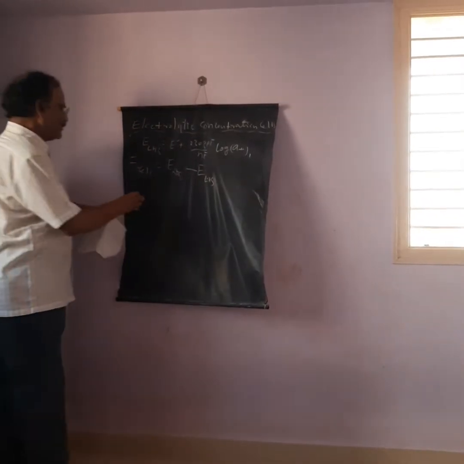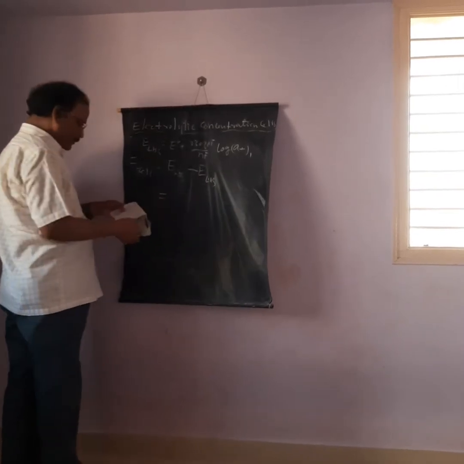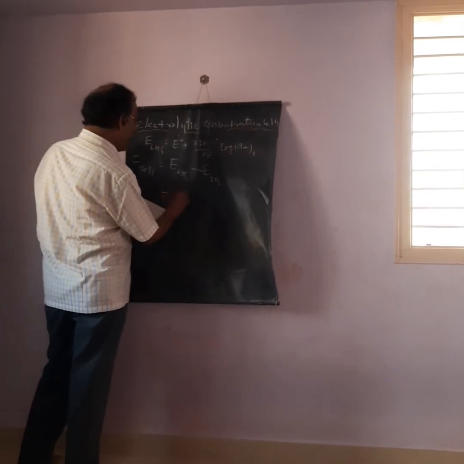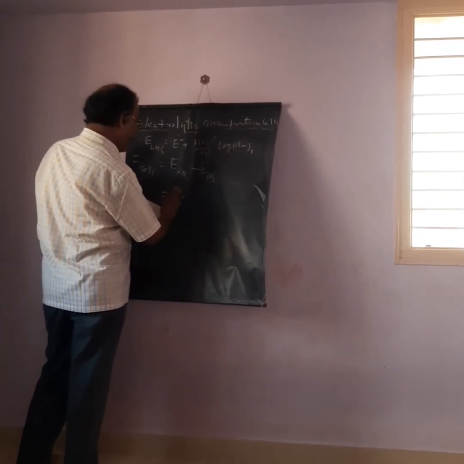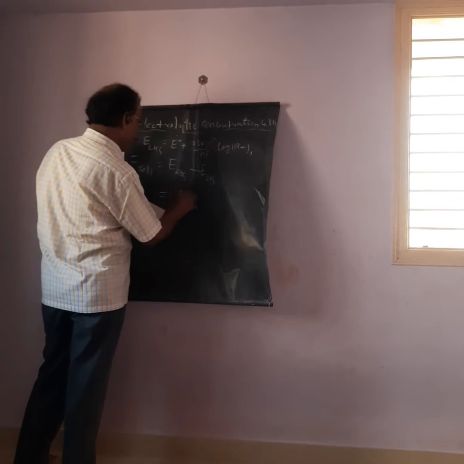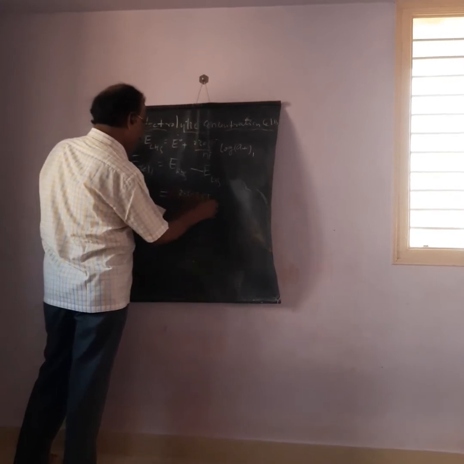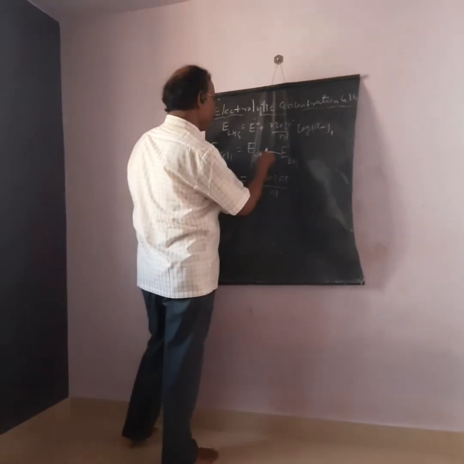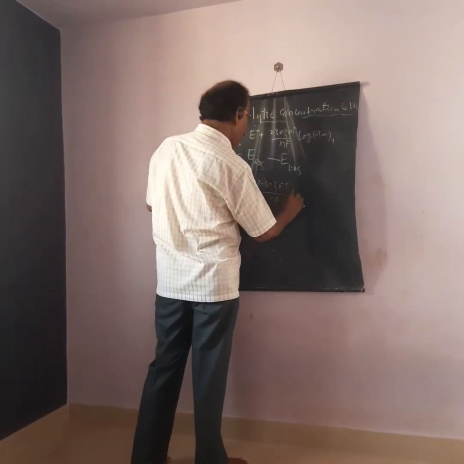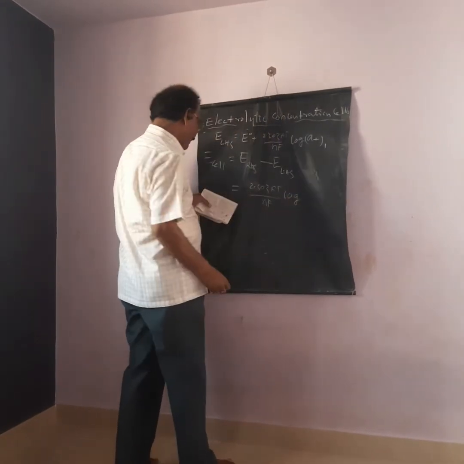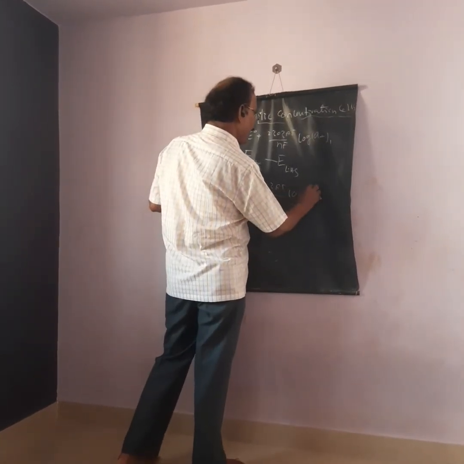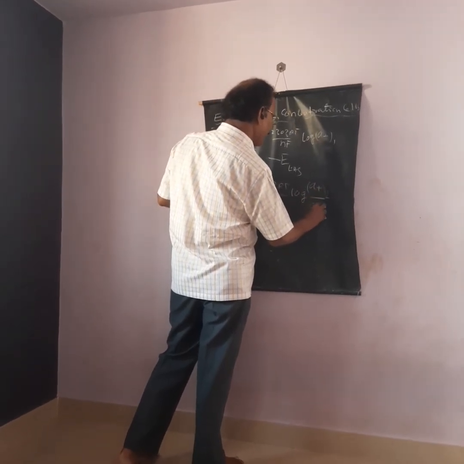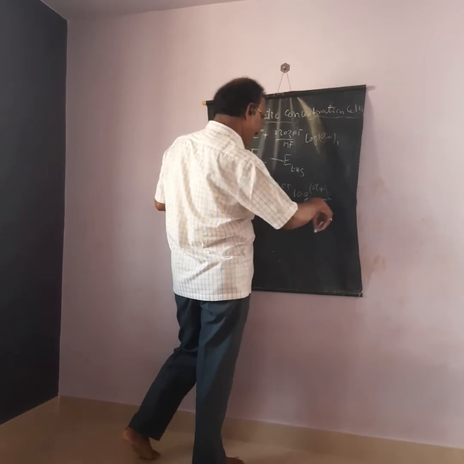Written directly, the EMF of this whole cell is equal to E_R minus E_L, which is 2.303 RT divided by nF, where n is equal to 2, into the logarithm of the activity of 2+ divided by the activity of 1+.